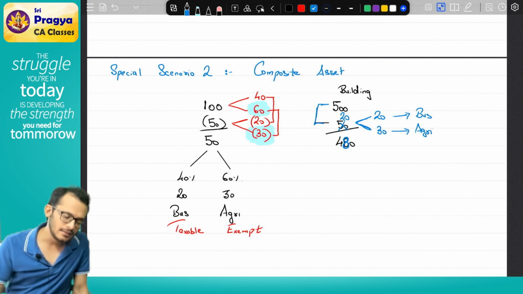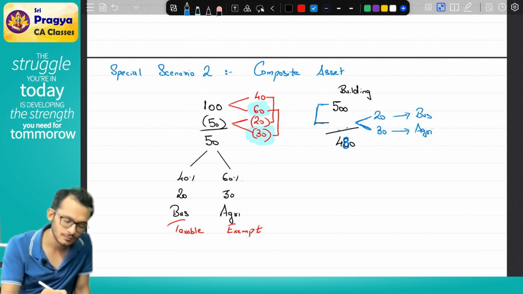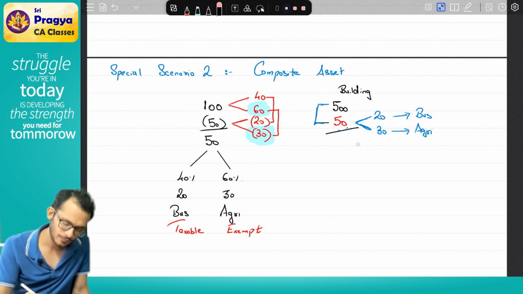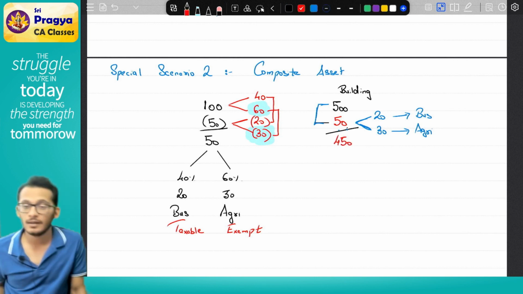Which means in this scenario I need to reduce how much, Rahul? I need to reduce 50.